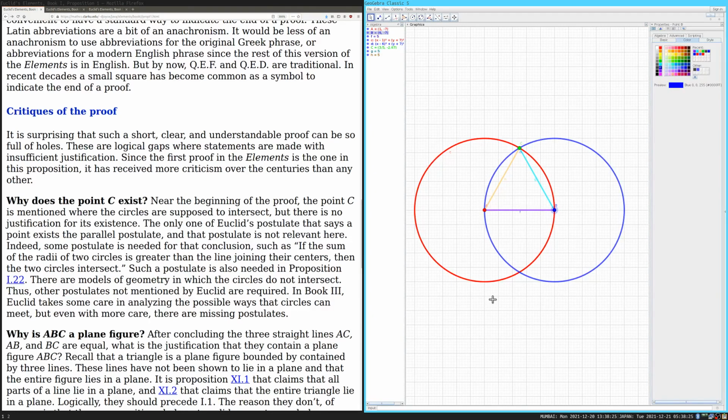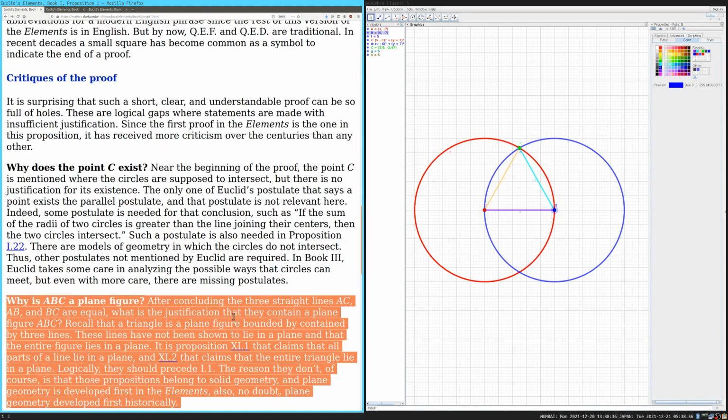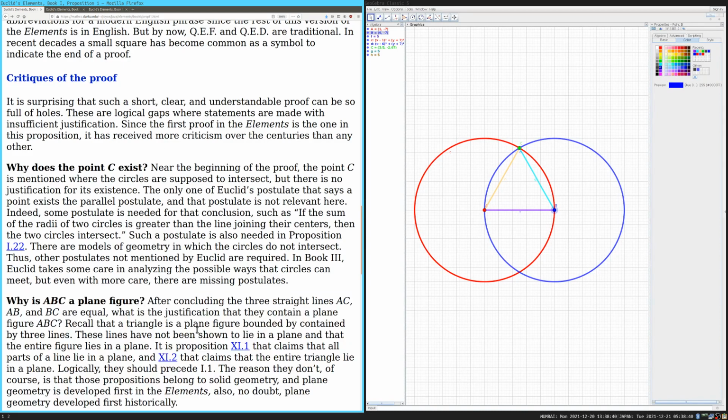Right, okay. Right, so a triangle, they all have to be in a plane. Why are they all in the plane? That's interesting. Right, later... That's interesting.